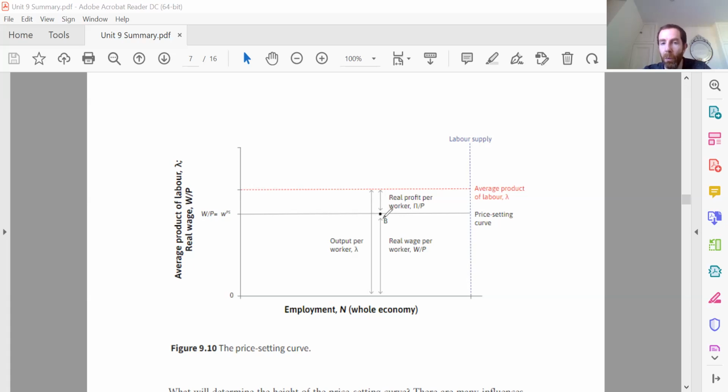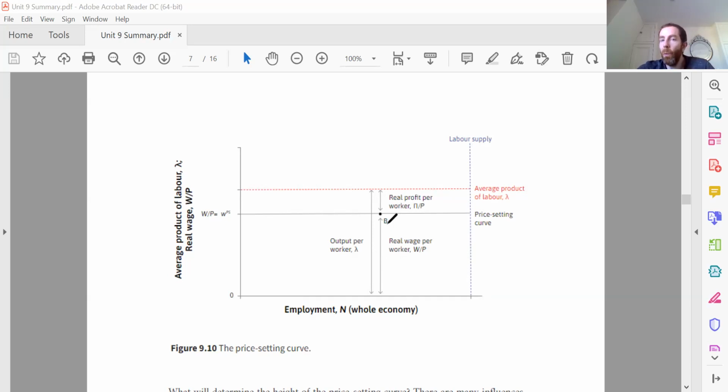And so the worker is getting that amount of the value of the output. And then the firm is getting the rest of the value of the output. And that's why you can see this bit is labeled the real profit per worker. So what is the real level of profit? The profit divided by the price level that's then going to the firm for every worker who's working. So that's what this diagram is showing us.